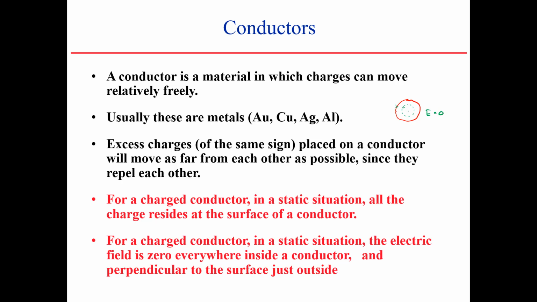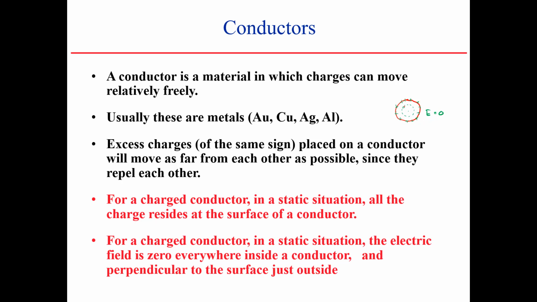For example, this is positively charged, so the charges are on the surface. So this means that for a conductor, the electric field inside, or at any point in your conductor, is equal to 0 because Q enclosed is equal to 0.